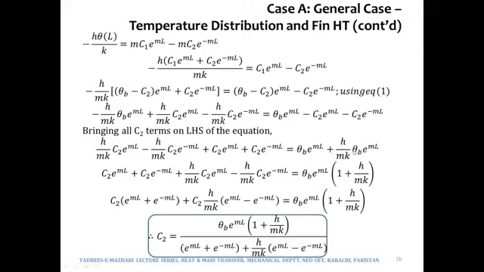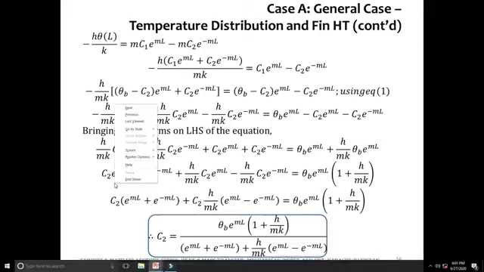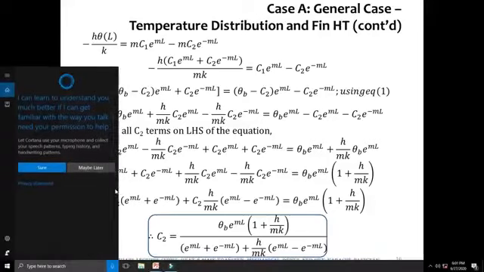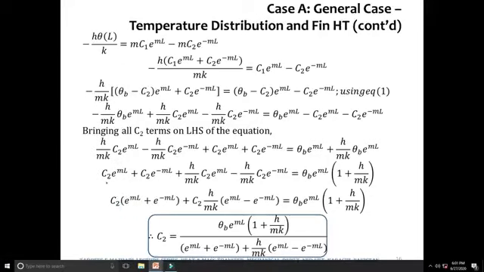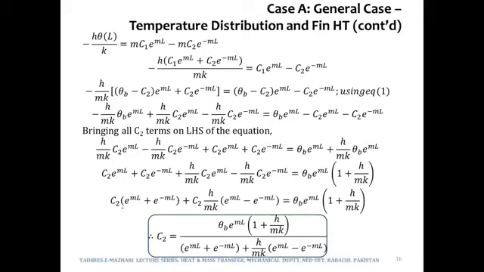On the right hand side, theta b can be taken common out of these 2 terms, and e to the power ml can be taken out of these 2 terms. So we would have 1 plus h over mk within the bracket. Now from these two non h over mk terms, we have taken C2 out, so it would be e to the power ml plus e to the power minus ml.